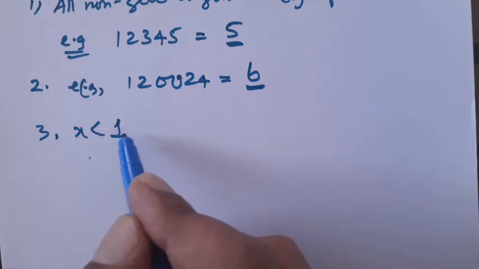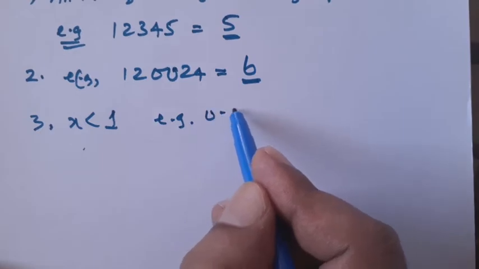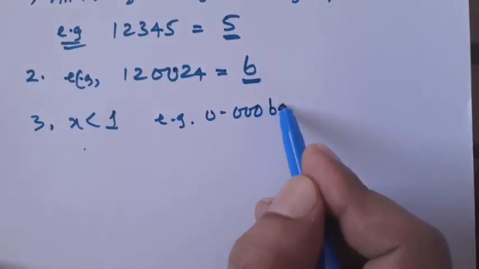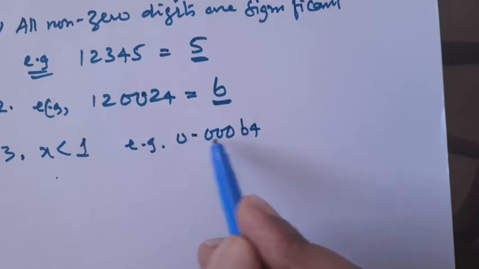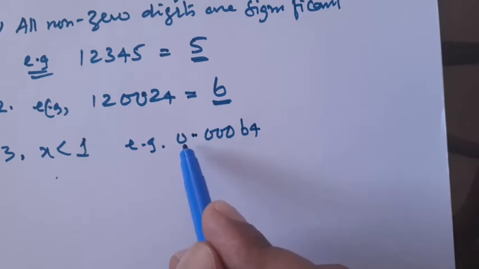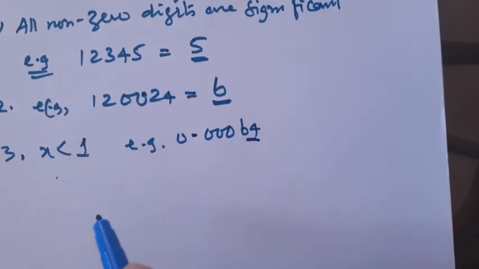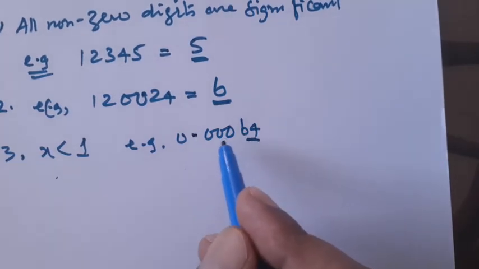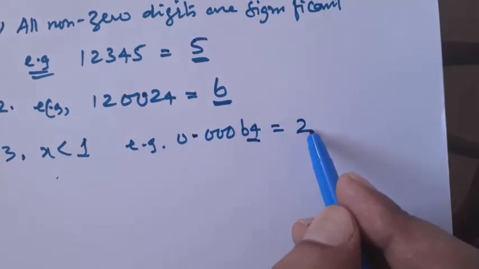Example, suppose 0.00064, I am taking. Here the zeros become insignificant. So only 64 is significant in this case because the value is less than 1. So the significant figure in this case is 2.